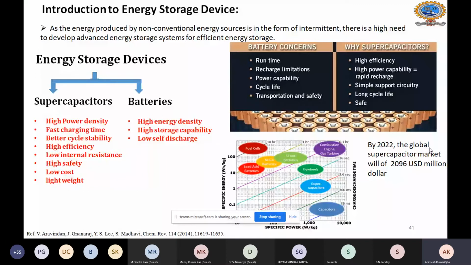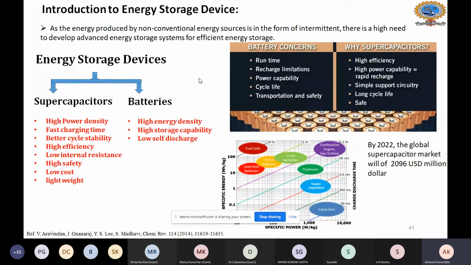For that you need to store your energy in the daytime, and then you can use it later in the night. Therefore we need to develop energy storage devices to store the energy harvested from the sun by the solar cell. And as an energy storage system, we know two devices.